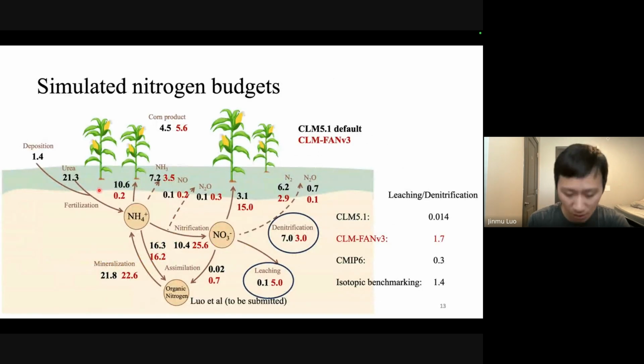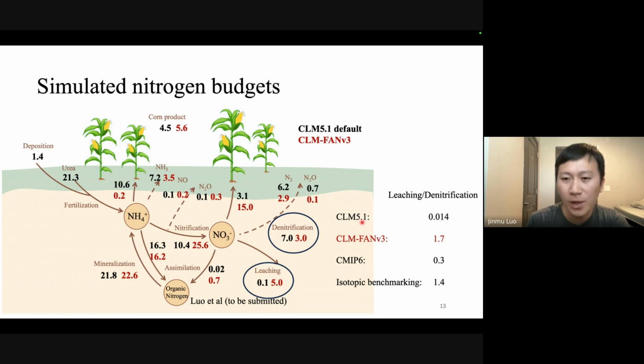Finally, I'm going to bring you to the simulated nitrogen budgets. There are too many numbers. What we need to focus on today is the denitrification here and the leaching here. I use this simple table to summarize what we have done for CLM. Again, this is the leaching over denitrification ratio.